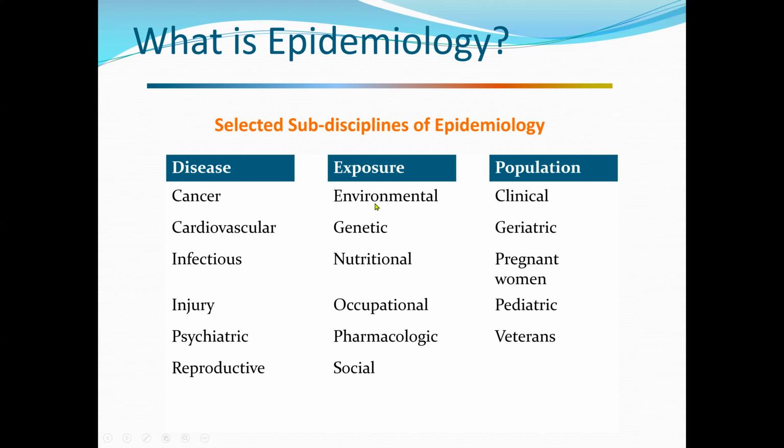Exposure can be environmental, genetic, nutritional, occupational, which will be in industries and factories, pharmacologic, and social also. In terms of population, we can be clinical or geriatric or pregnant women or pediatric or veterans. Those are the types of populations.